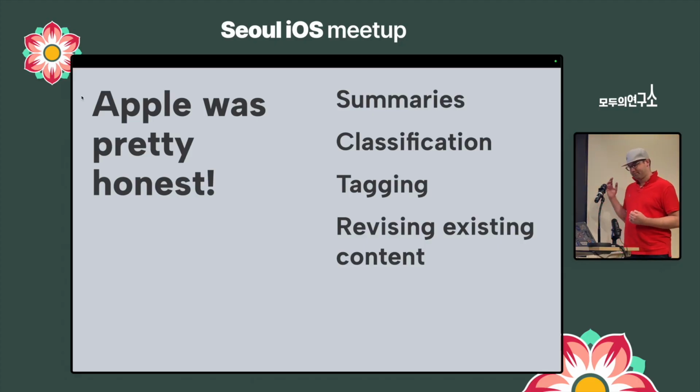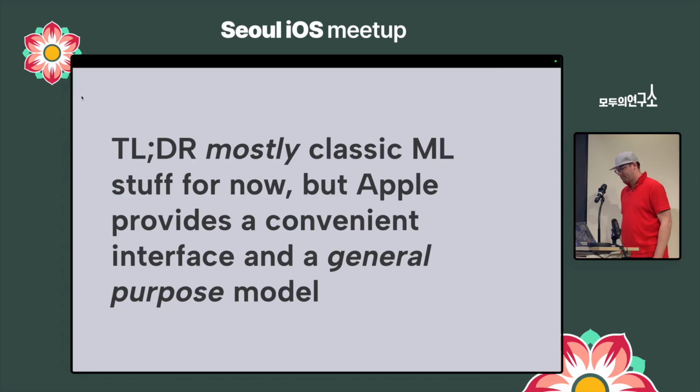Tagging. Revising existing content, so you've got a short email draft and you want to make it sound better. This is basically the things that they designed it for. So it actually smells a lot like a classic ML model, because most of these tasks are things that you would previously have just trained a model for. But they give you one general model that you can use without having to go and train your own.